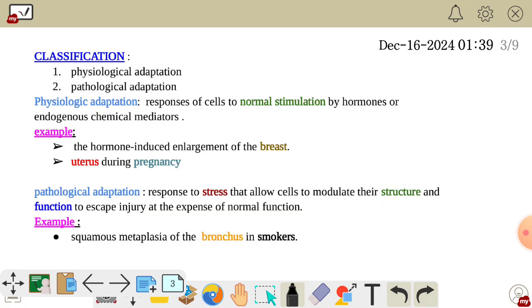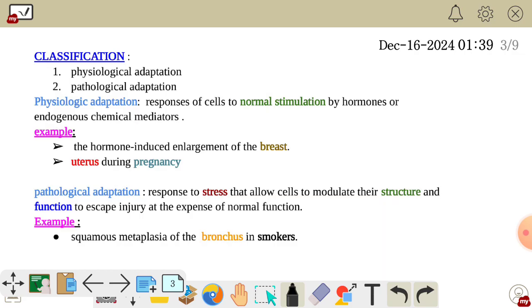So physiological adaptation, or physiologic adaptation, is simply a response of cells to normal stimulation. So here a cell is responding to normal stimulation. So these stimulations can be by hormone. So a hormone comes to stimulate a cell, or an endogenous chemical mediator. So in this case, we can talk about growth factors.